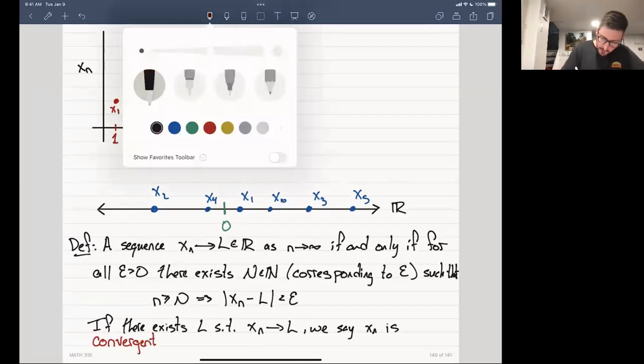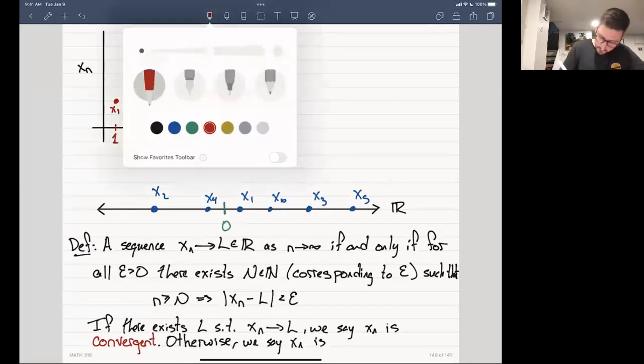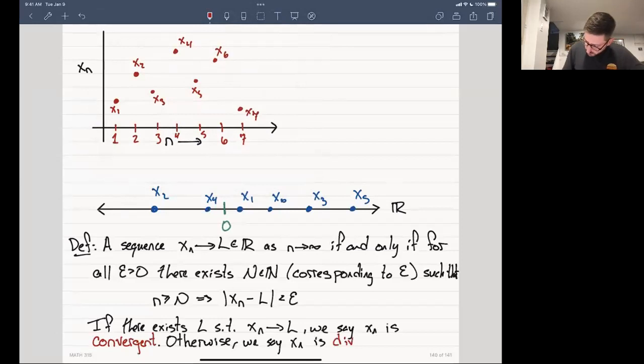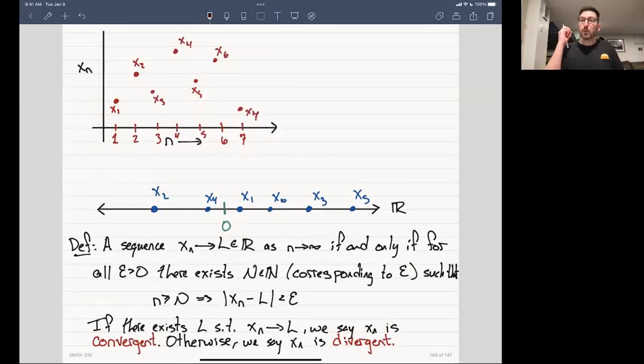And we also say, so if there doesn't exist one, so otherwise, we say xn is divergent here. So we have some new nomenclature for our vocabulary.